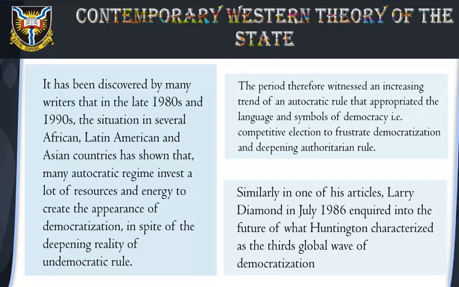The period, therefore, witnessed an increasing trend of autocratic rule that appropriated the language and symbols of democracy, that is, competitive election, to frustrate democratization and deepen authoritarian rule. Similarly, in one of his articles, Larry Diamond in July 1986 inquired into the future of what Huntington characterized as the third global wave of democratization.